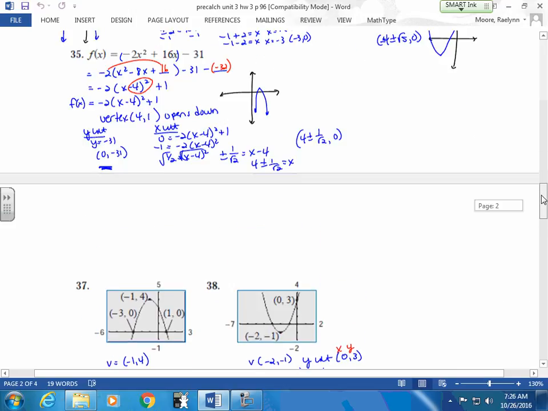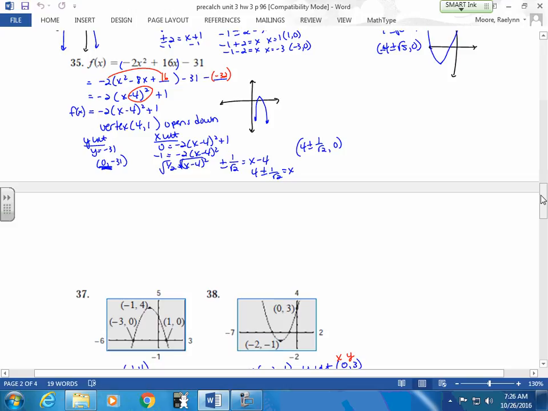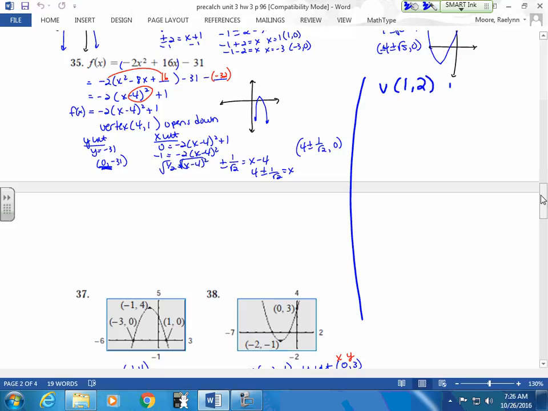And then in this part you have to find the pieces. So let's take a look at the last part of your work yesterday. It says, find the equation for a parabola whose vertex is at 1, 2, and it passes through the origin. It doesn't tell me if it opens up or if it opens down.